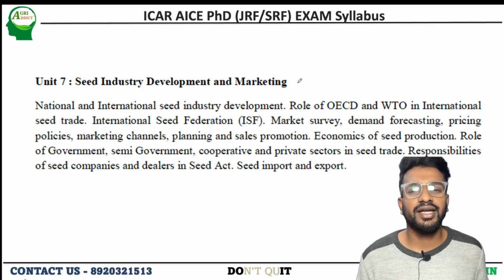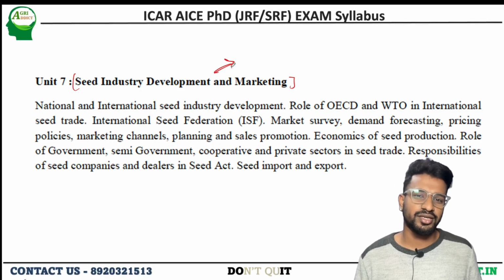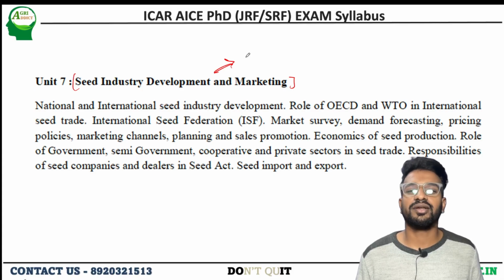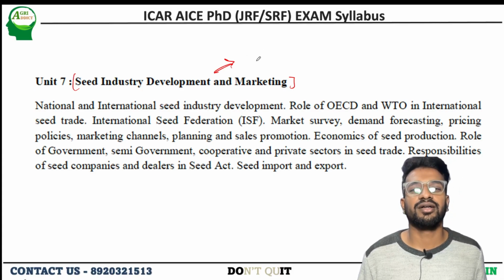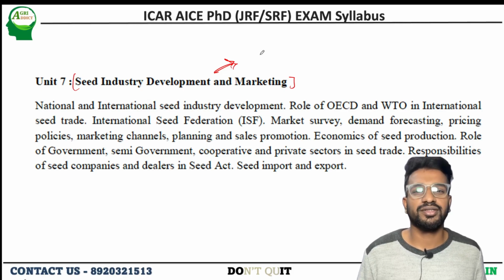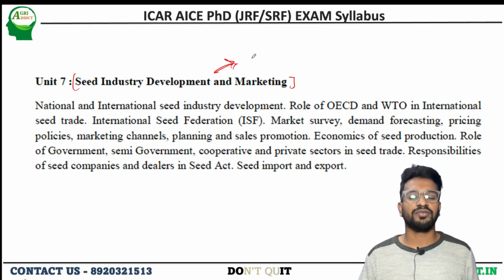Next, seed industry development and marketing. Again, this is similar to seed processing. If you want to study everything, you have to go for economics concepts and standard economics books, but that is not possible for a student preparing for the ICAR PhD exam, because time is the main constraint. You cannot consume so much information.